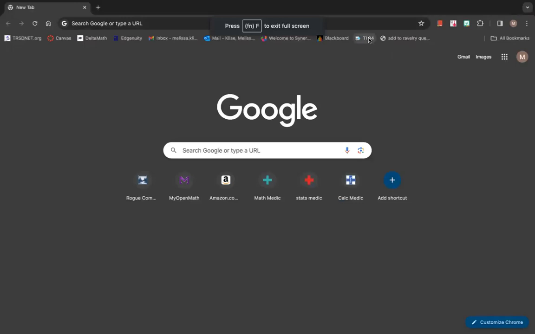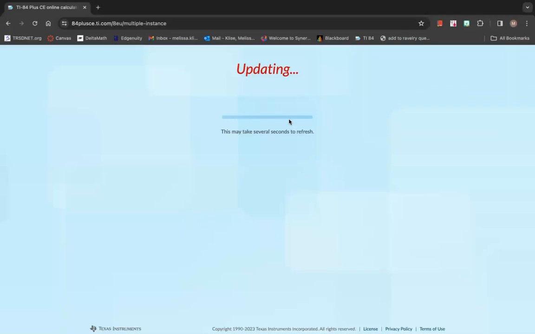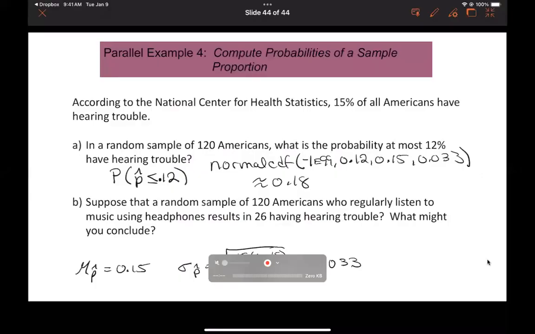No, it's fine. I can do it. It should only take a moment to get that back up. My computer went weird. It's not opening another window. My calculator did some wacky stuff, or my whole computer did. So we're going to give that a minute. And let's talk about the next one, and then maybe my calculator will be up by then.